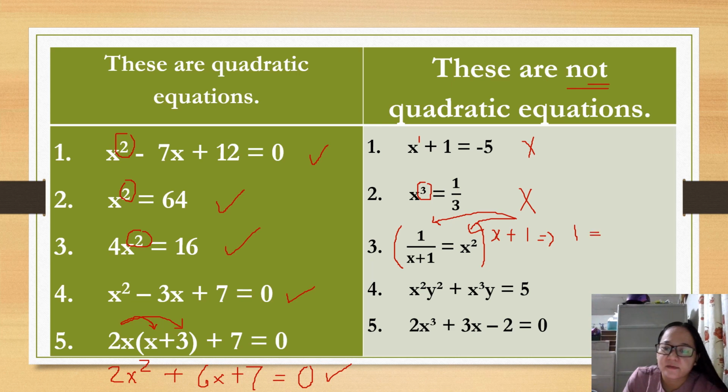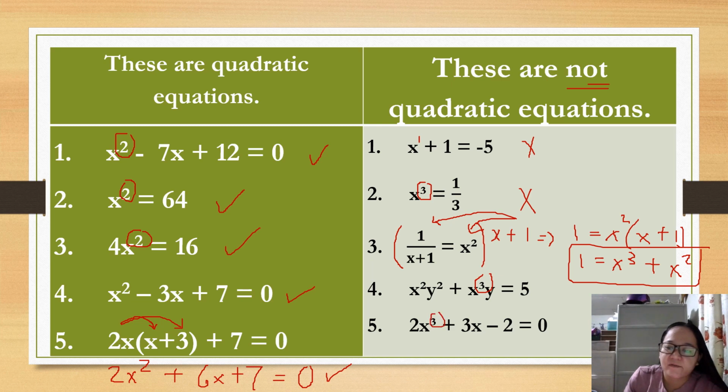So we have x squared times x plus 1. Using the distributive property, 1 is equal to x cubed plus x squared. So the leading exponent now on x is 3. Therefore, this is not a quadratic equation. Same with number 4, this is not a quadratic equation. Same with number 5.